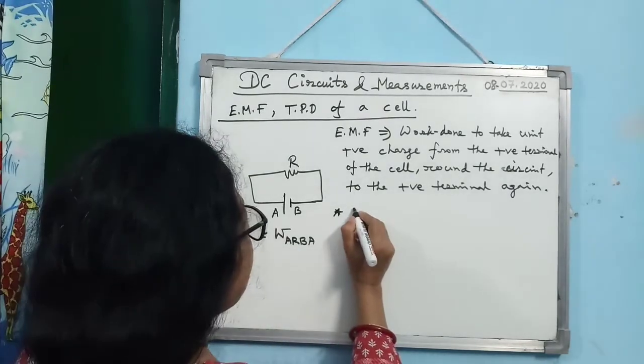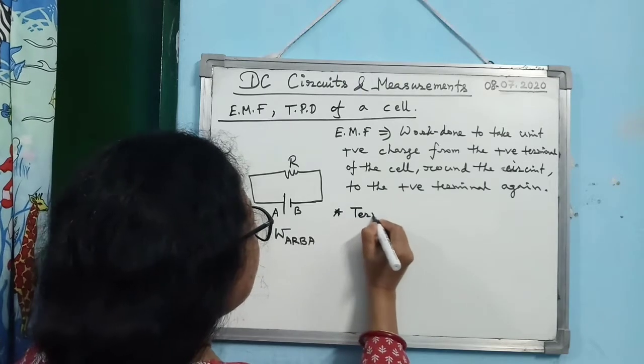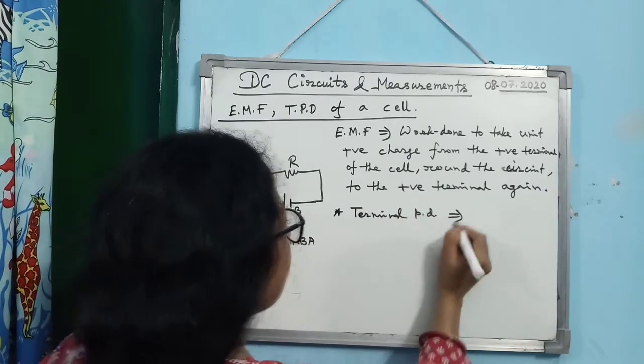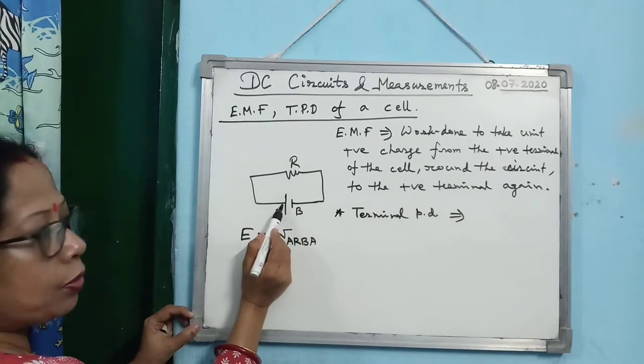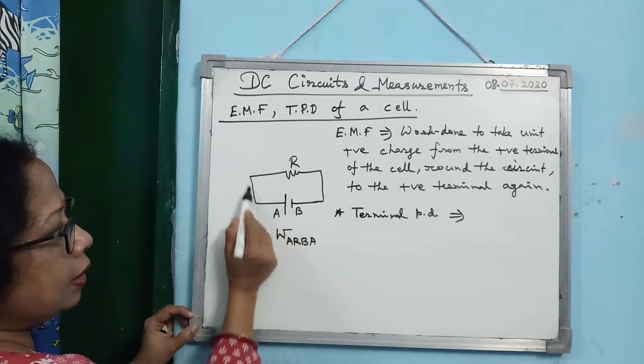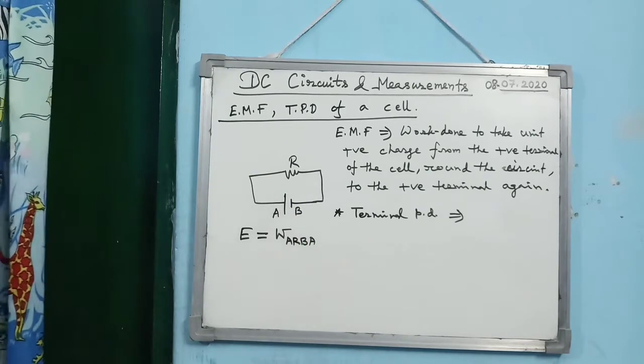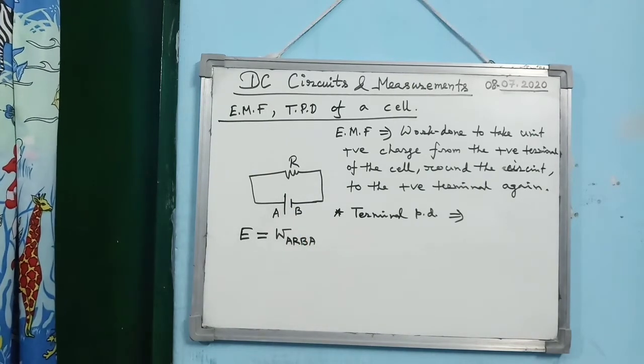The next one is, what is terminal potential difference? Terminal potential difference means you are taking the unit positive charge from the point A round the circuit, and you are coming back to the negative terminal of the cell.